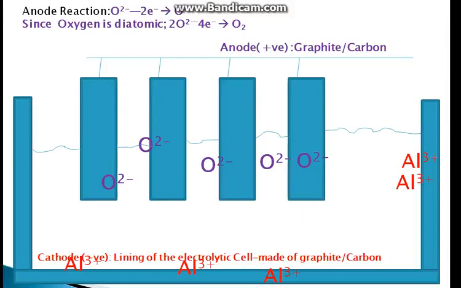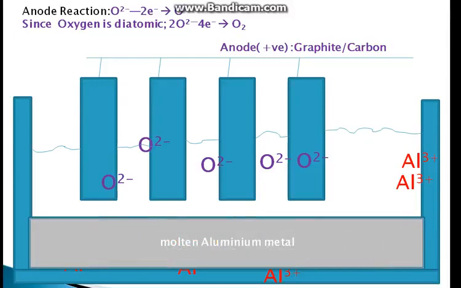As you can see, electrons are lost, therefore oxidation takes place. Similarly, at the cathode, Al3+ plus 3e- gives you Al. Finally, molten aluminium metal is deposited at the base of the electrolytic cell as it has a high density.